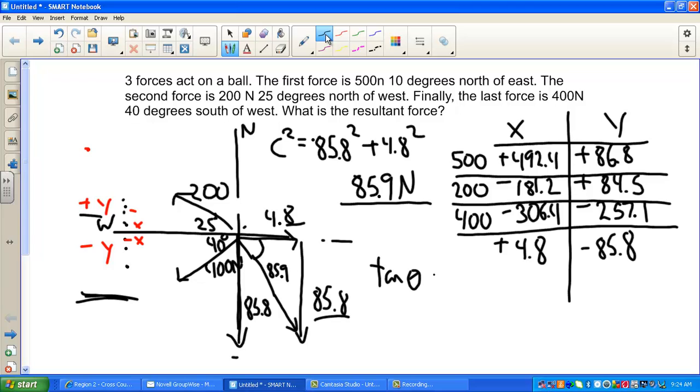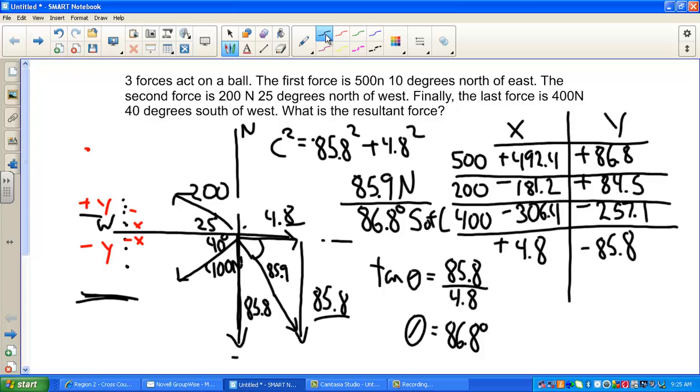So tangent of theta is opposite 85.8 over adjacent, which is 4.8. We'll punch that in. 85.8 divided by 4.8. Enter, then I have to hit inverse tangent. That angle theta came out to be 86.8 degrees. So it's a big angle. So this is going to be 86.8 degrees, and I'm heading south of east.